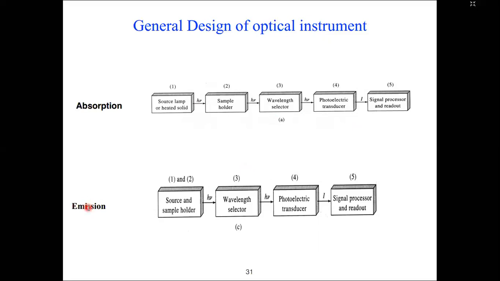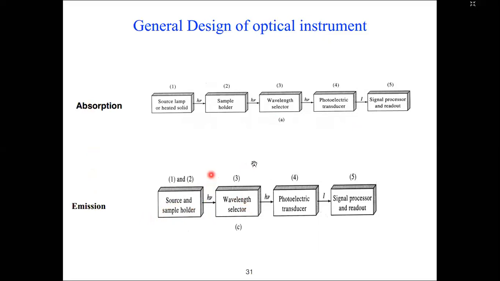For emission, so this is general for absorption, and the general setup for emission is the third one that we saw in previous slide, that you have source and sample holder in the same compartment. Okay, the source is the source of the energy. Then you get the information that is H mu, goes into the wavelength selector.